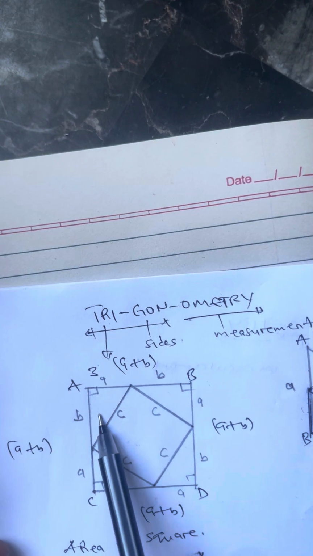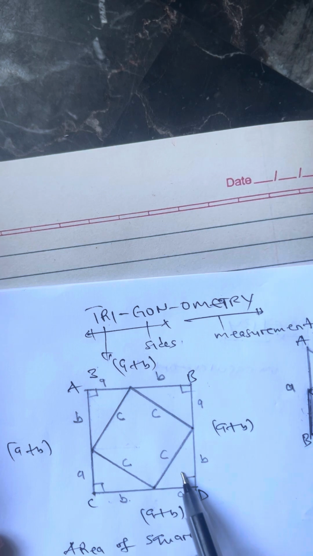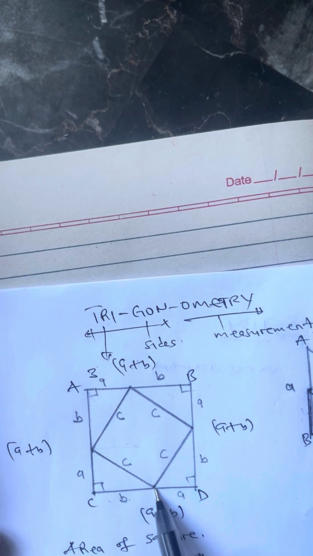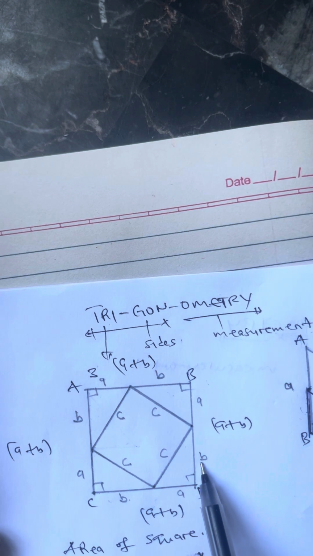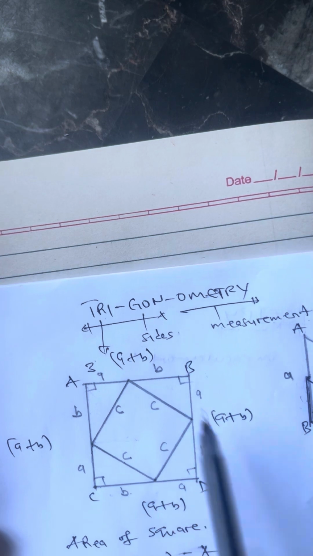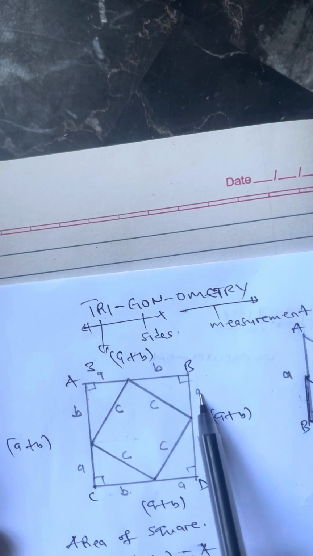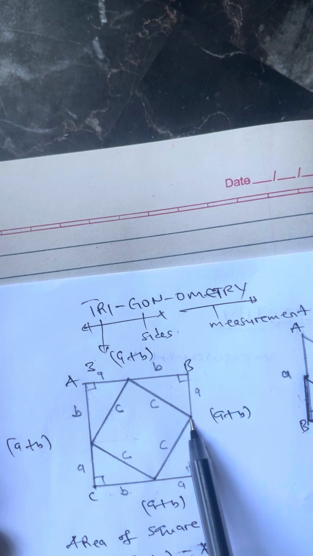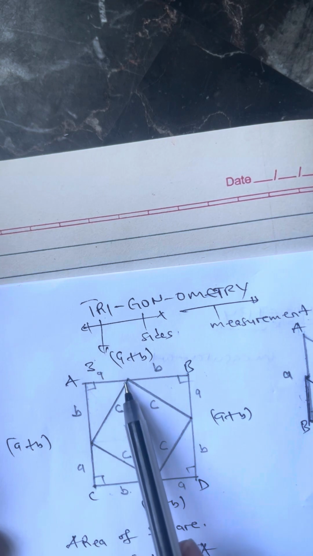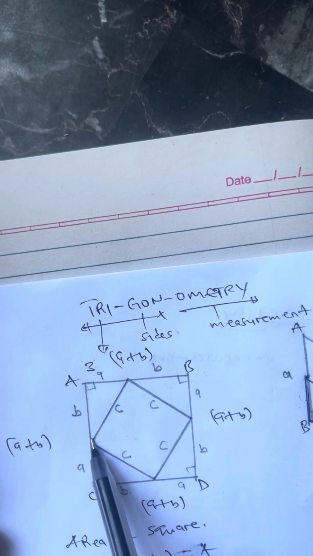Here is a right-angled triangle, here is a right-angled triangle, and here is a right-angled triangle. In this one, here is A, here is B, and here is C. In this one, here is A, here is B, and this is C. And in this one, here is C, here is A, and this is B.